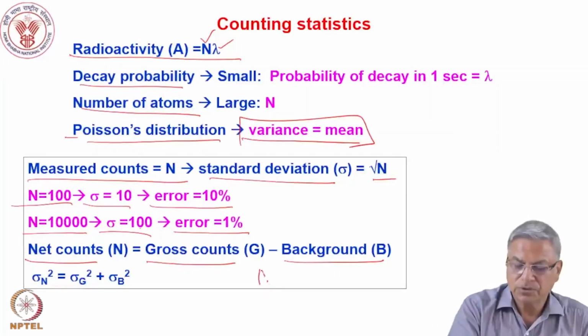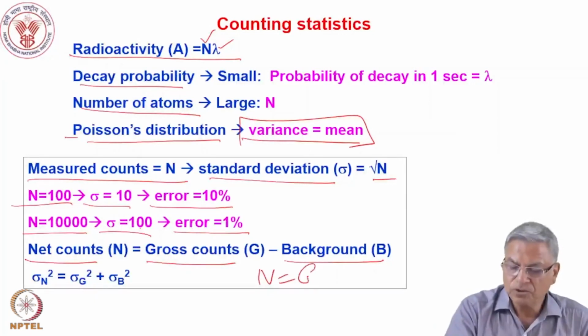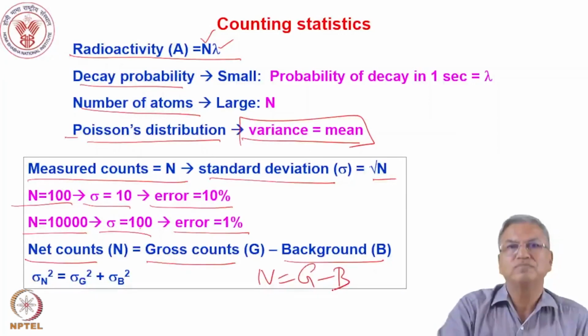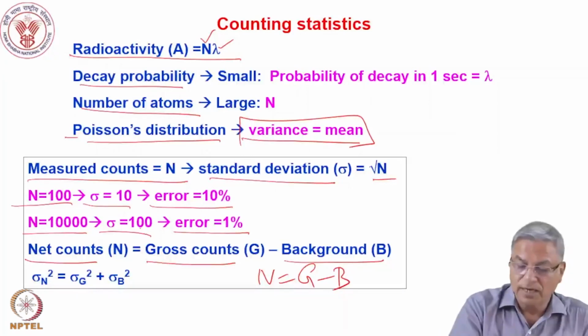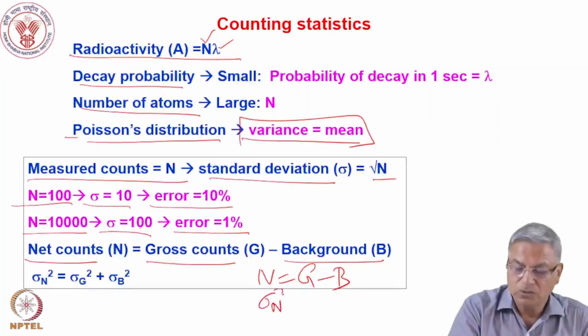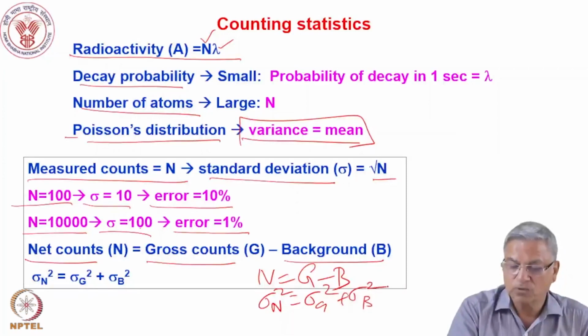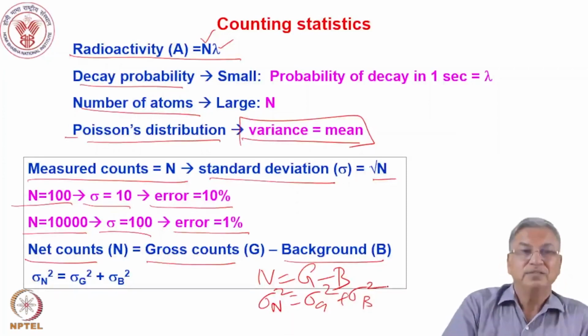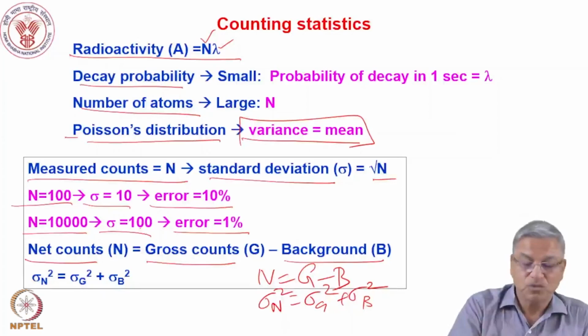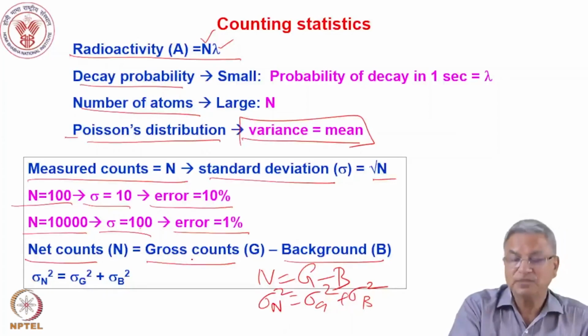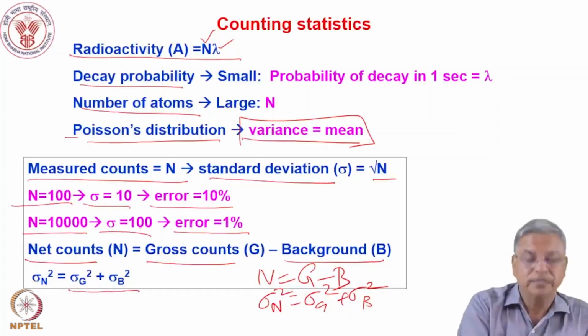Net counts equal gross count minus background. Correspondingly, the uncertainty is sigma_n squared equals sigma_g squared plus sigma_b squared. They have their own uncertainties, so the errors are additive. Though you are subtracting gross count minus background, the errors are additive.